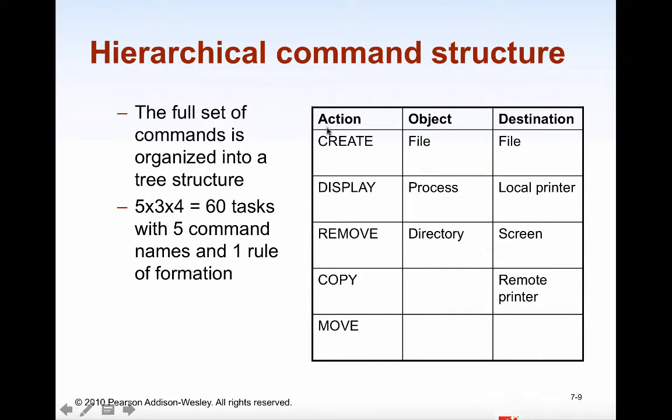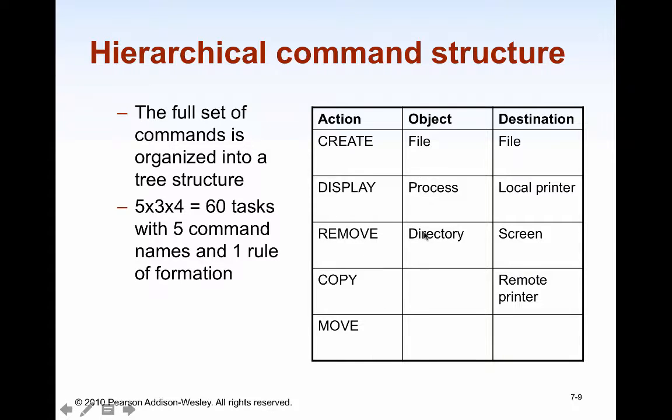So this is just a list of commands, and we've put them in a hierarchical structure for the action and what the object is. The object, we create a file. Destination is a file. But what it boils down to is we could move a file, copy a file, remove a file, display a file, create a file. We could move a process, copy a process.